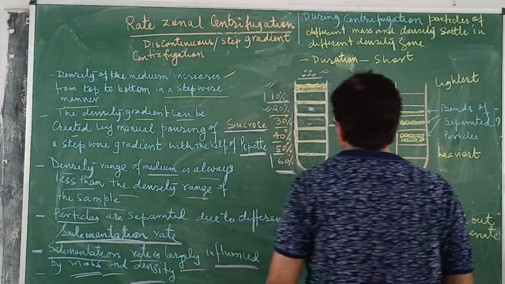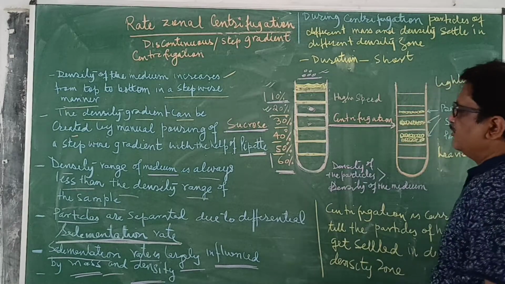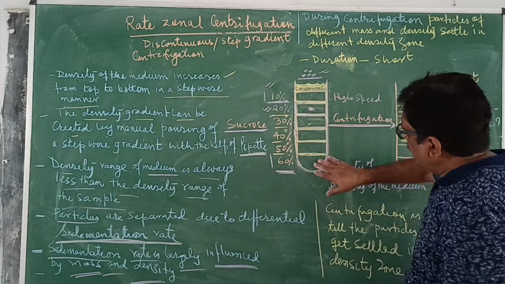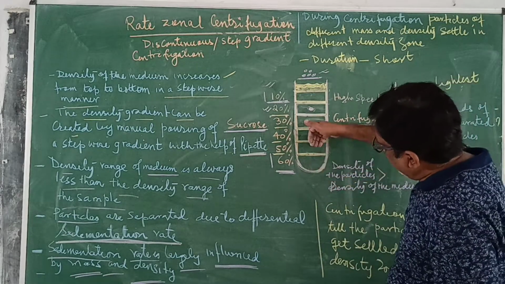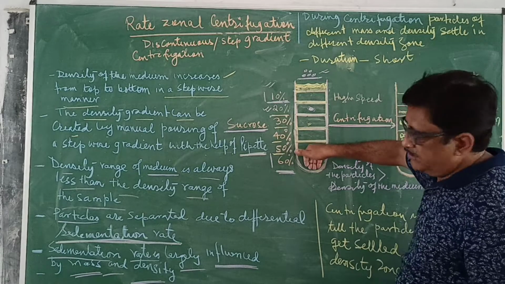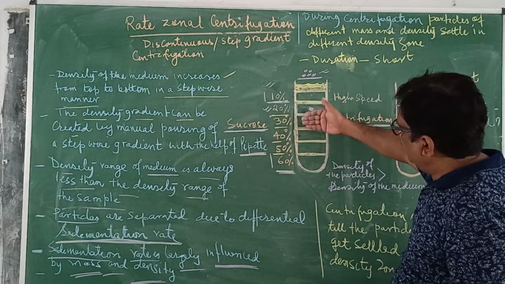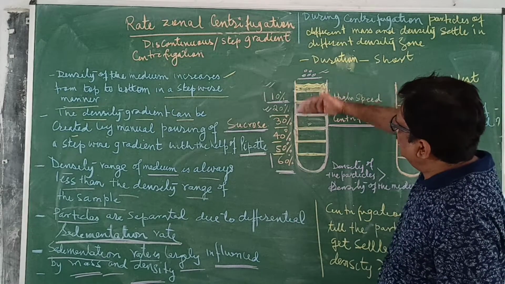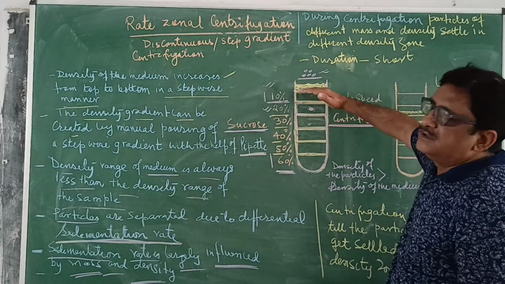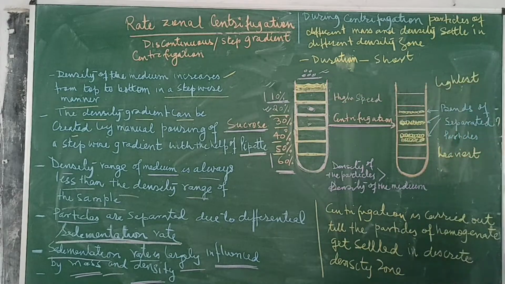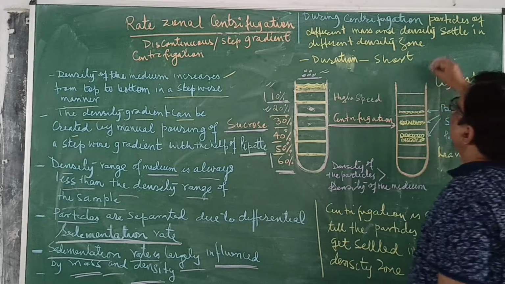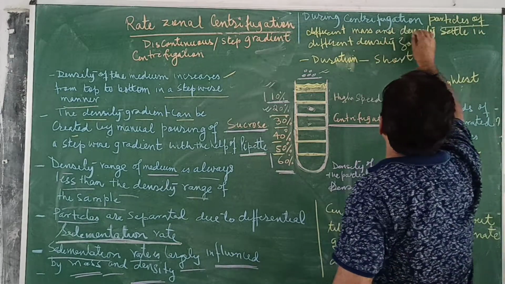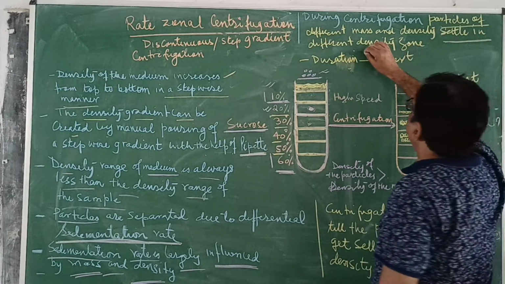The heavier particle, having greater mass or greater density, will move faster and settle towards the bottom of the tube, the intermediate particles settle above the heavier particles, and the lightest particle will be towards the top of the tube. So during centrifugation, the particles of different mass and density will settle in different density zones.